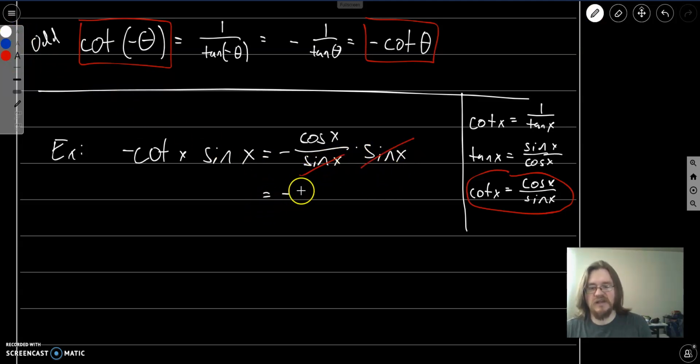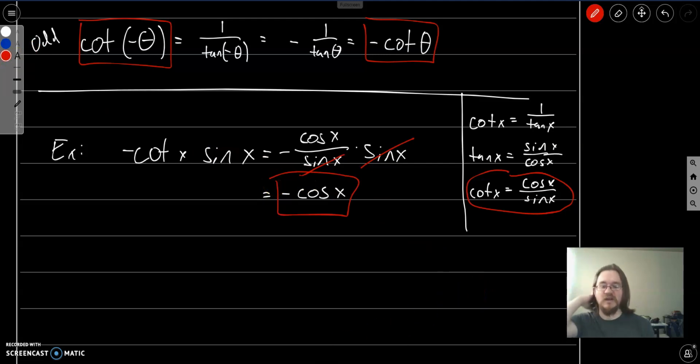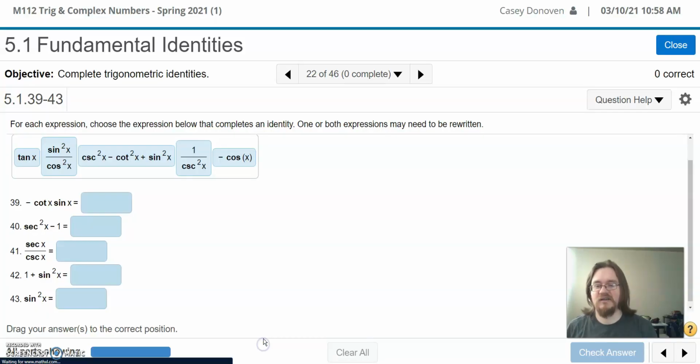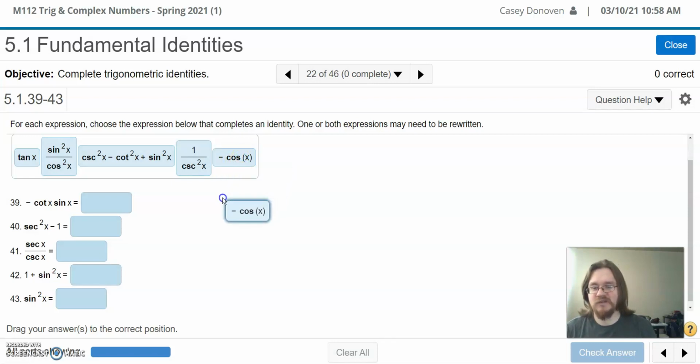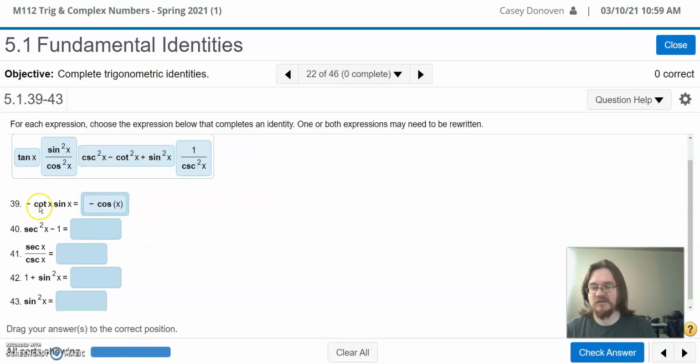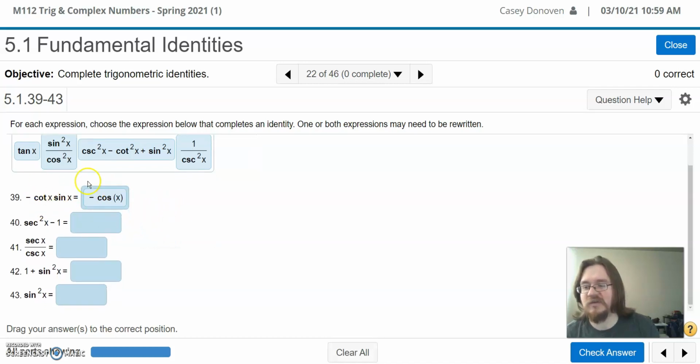So what I'm left with is negative cosine. When I come back here, that is in fact one of my options. Negative cosine of x works. So that is going to be that one right there. Nice.